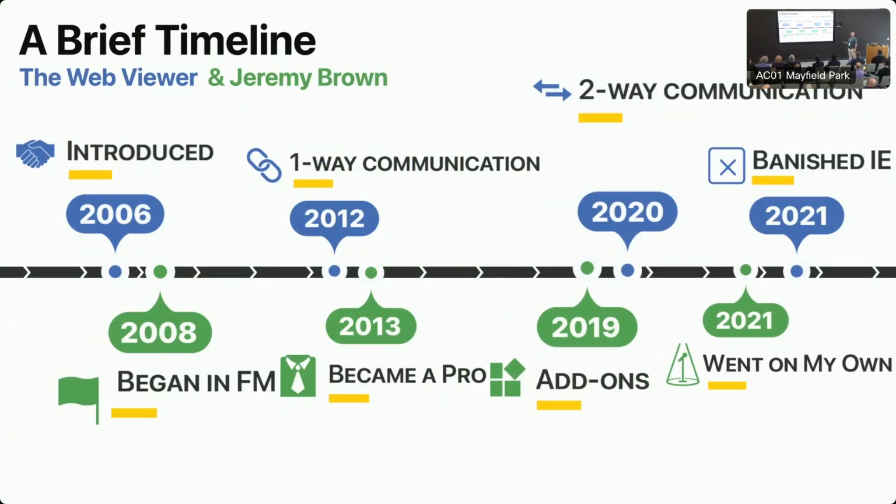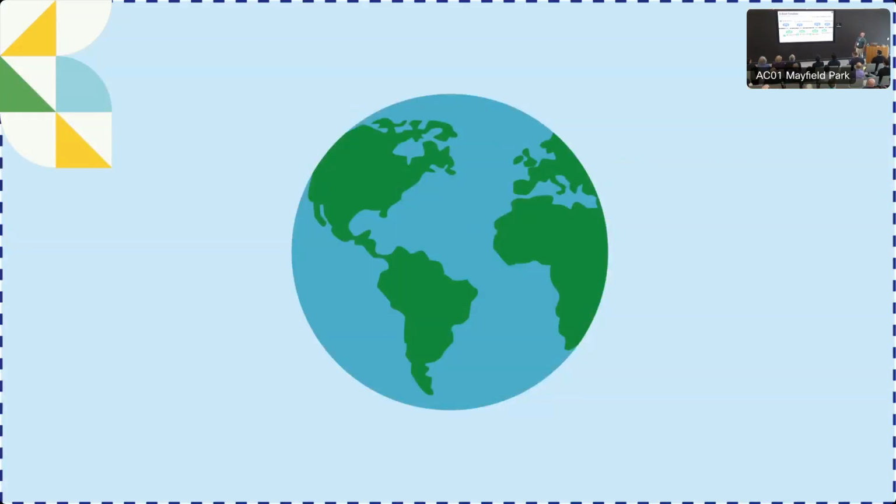My job is to build JavaScript widgets for people, and also train them. I've got about 60 widgets out there in production right now with different clients, and I've trained over 100 people in using JavaScript in FileMaker. So if you notice here, the WebViewer and myself, we kind of go hand in hand. We were meant to be. That's what I like to say.